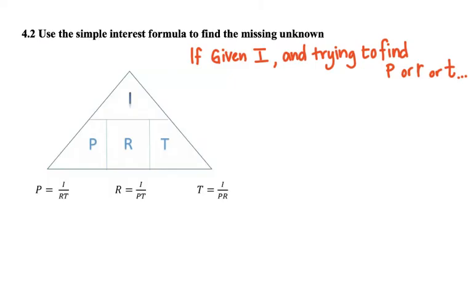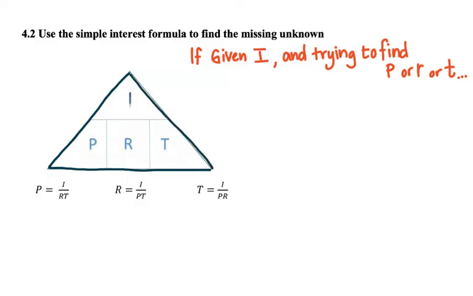So before we get started, if you are given the interest in a word problem and you're trying to work backwards and find what was the P, what was the starting amount, or what was the rate, or what was the amount of time, I would like you to take this equation I equals PRT and write it in this triangle.